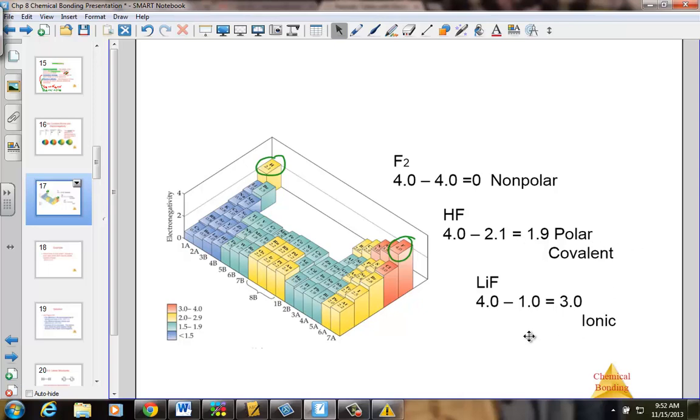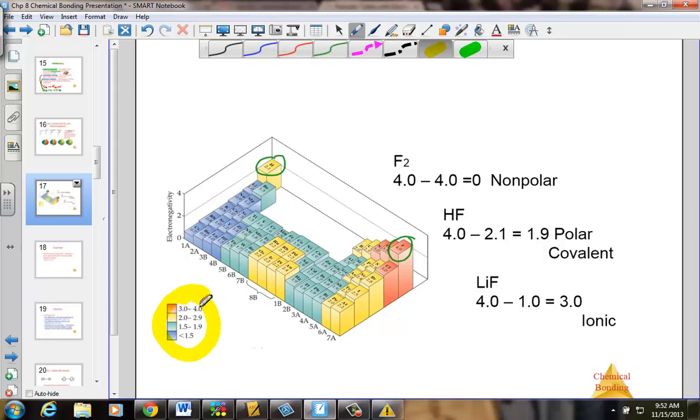And if it comes greater than 2, we have an actual ionic bond, as in lithium and fluoride. So take a note here, a very important side note. 3 to 4, you're looking at very electronegative elements. By the time you get less than 1.5, these are not electronegative elements at all. So you're looking at the electron distribution pulling towards the top right of the chart.